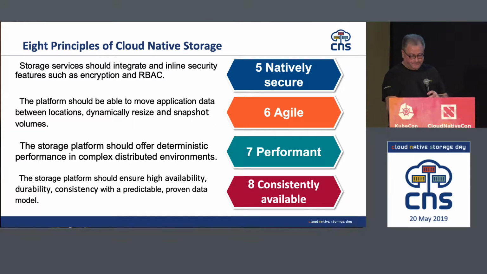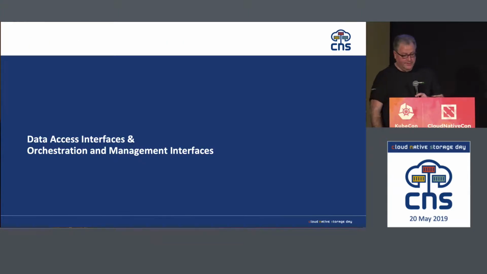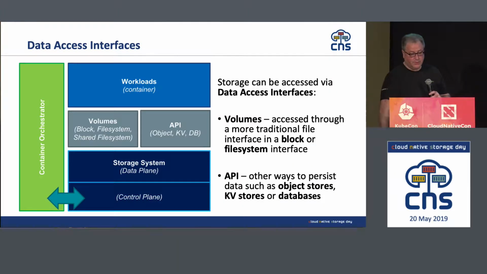So we move on to talk a little bit about the data access interfaces and the orchestrator and management interfaces. And when we talk about data access interfaces, this is basically how an application or a workload is going to be consuming the storage. So in general, and we've defined this in the Cloud Native Storage white paper, we've kind of got two main buckets for storage.